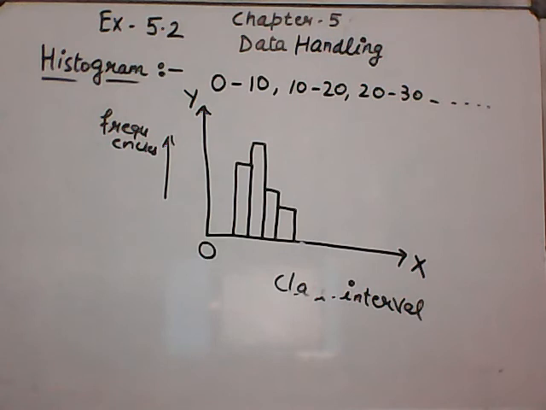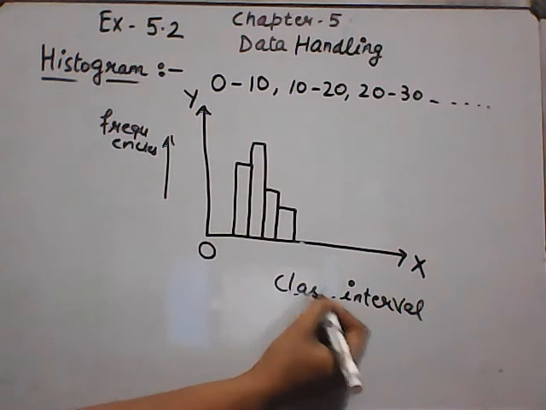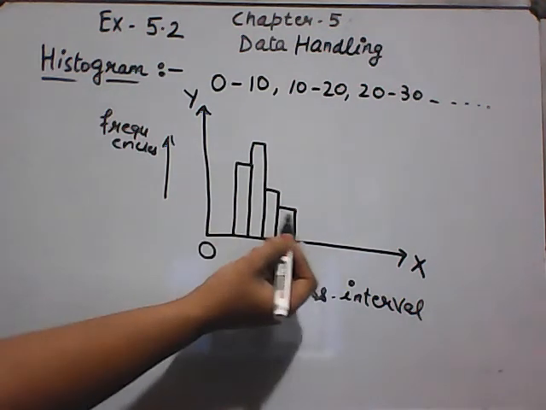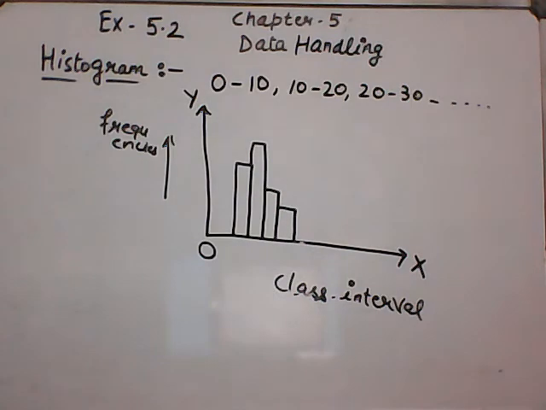Bar graphs are used when data is not given in continuous form. A histogram is used when data is given in continuous form. And in a histogram, there are no gaps between the widths of the bars.